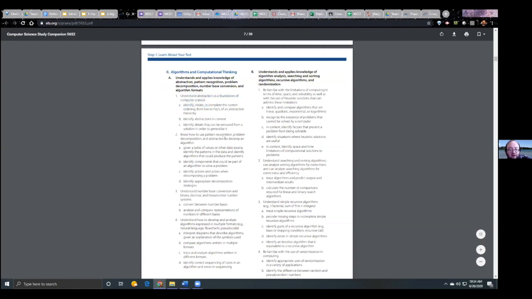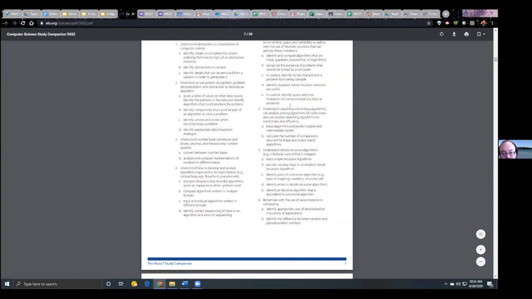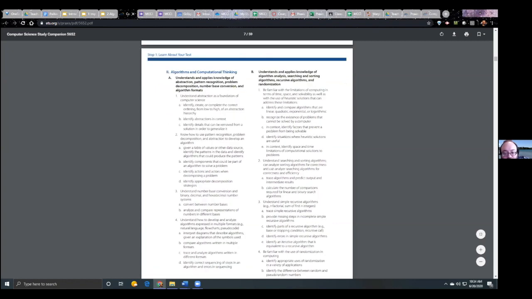Knowing how to use pattern recognition, or what do you need to know and do about that, okay? And so, for example, we're not going to get to this until next week, but in terms of analyzing sorting algorithms, it gives you a lot more detail right there. So this document should be familiar to you as a resource as you're studying. For many of you, I'm sure it already is, but just in case it's not, I wanted to point that out.